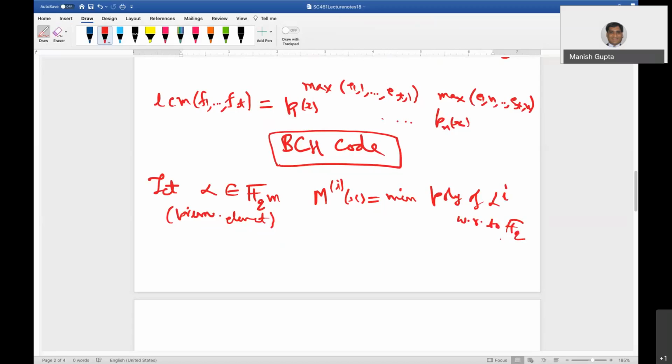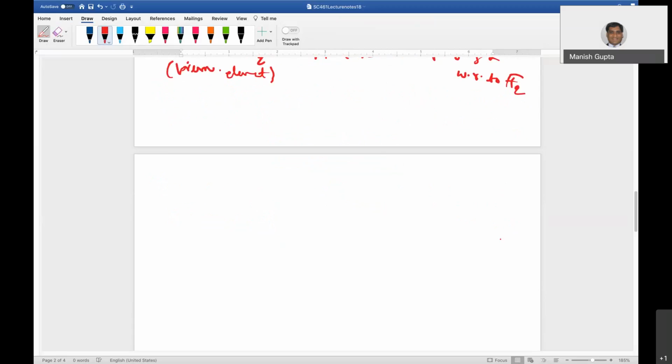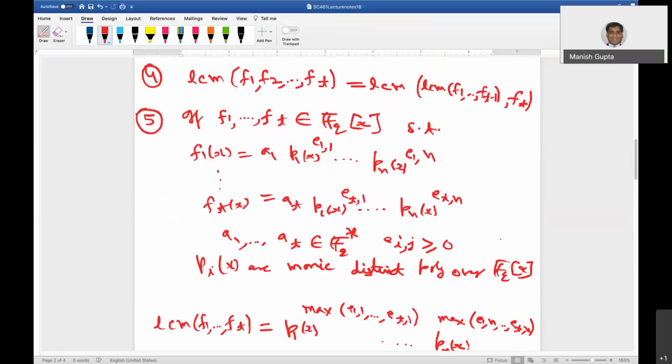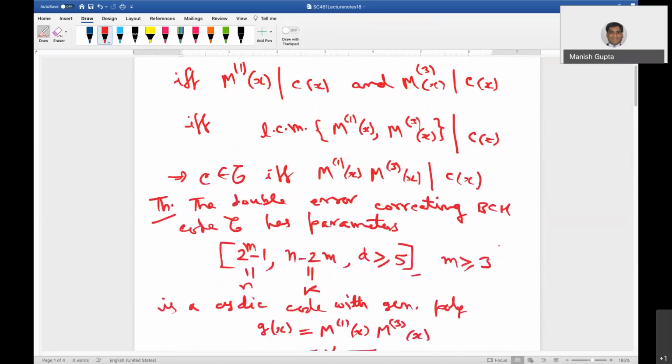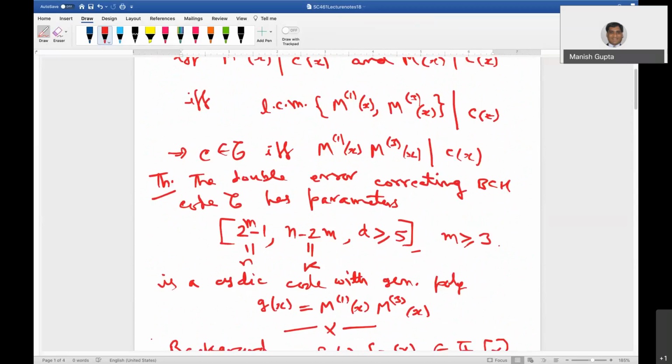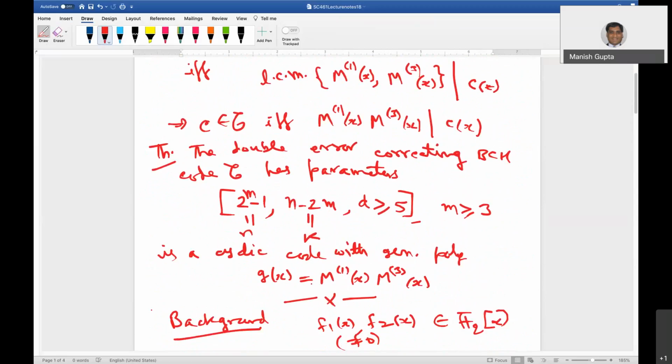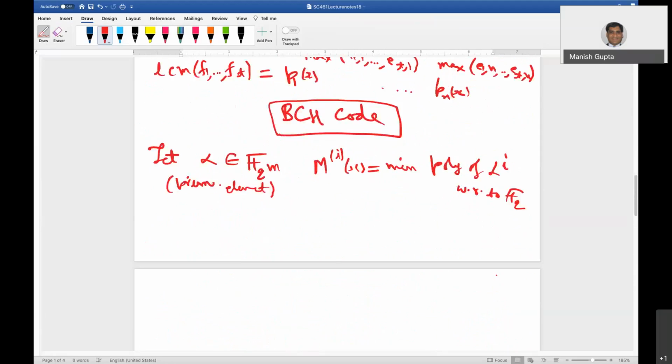Since we have the idea of double error correcting codes, whose generator polynomial is the minimal polynomial of alpha times the minimal polynomial of alpha cubed, in general we can define it in terms of the LCM of all these polynomials. So we can generalize this result.